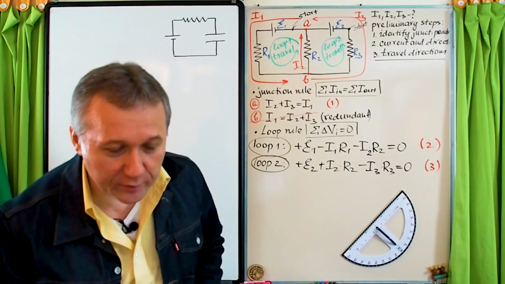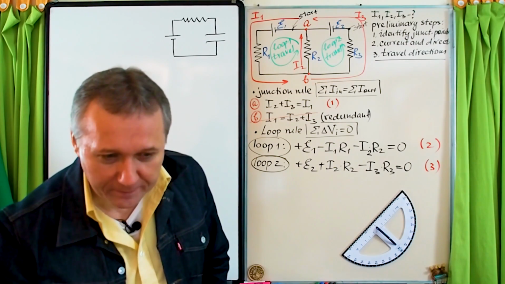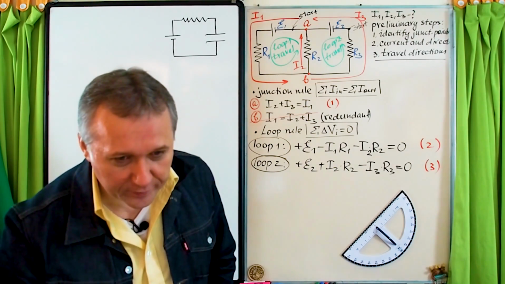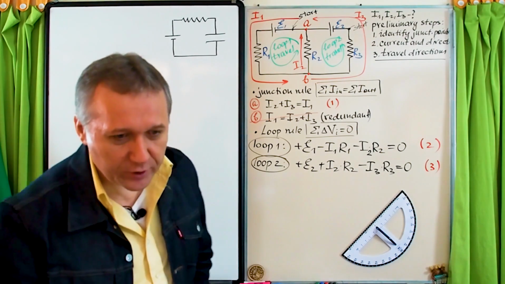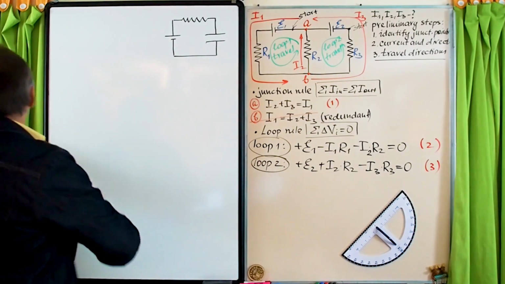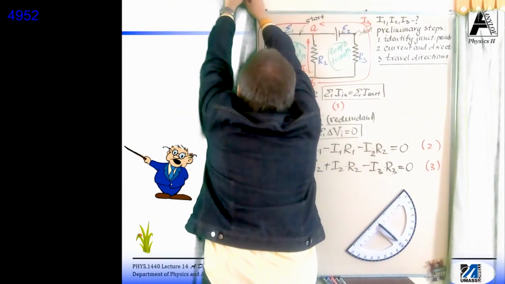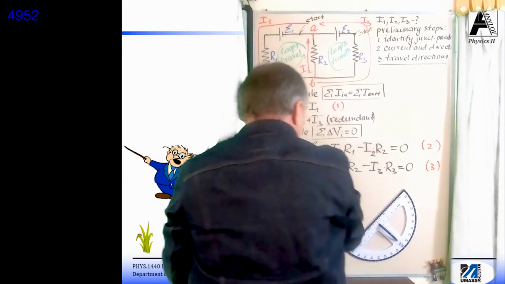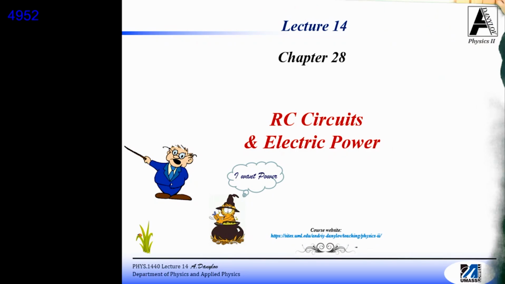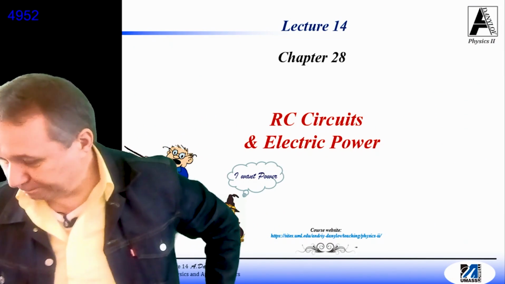Now I use different colors, so now it's visible on the blackboard, on the whiteboard, and on the green screen. Switch. Okay, we're back.